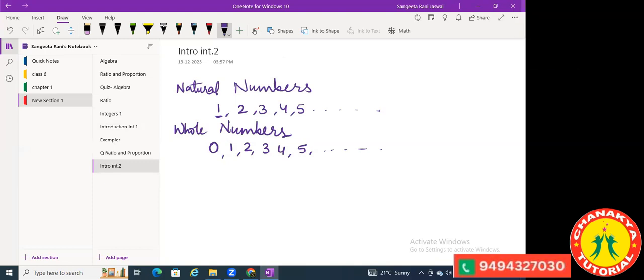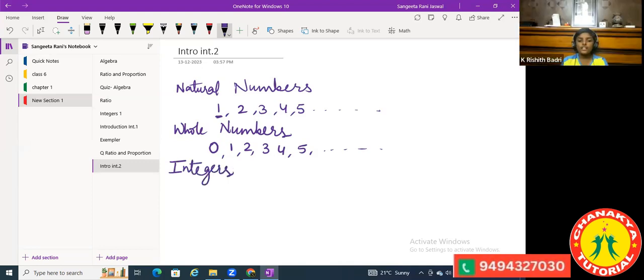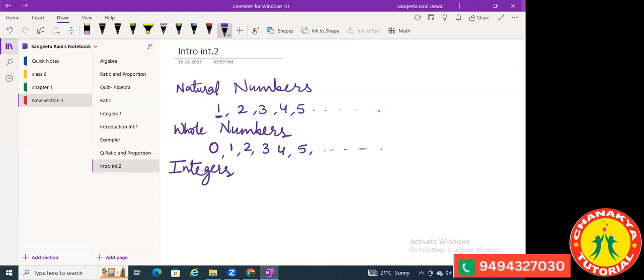Now coming to integers, the numbers which are less than 0, below 0 and above 0. Listen first.